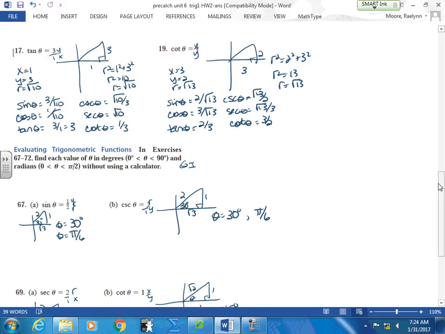You got y over x. Find the missing part. Cotangent is 2 over 3, so tangent is 3 over 2. Find your missing parts. Pythagorean theorem. You good with those, guys?